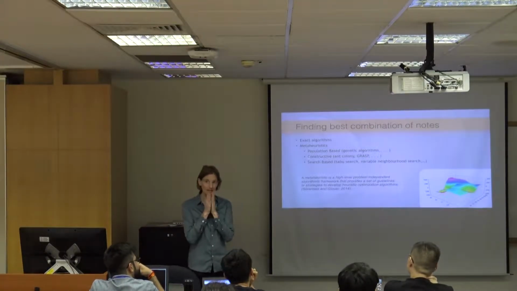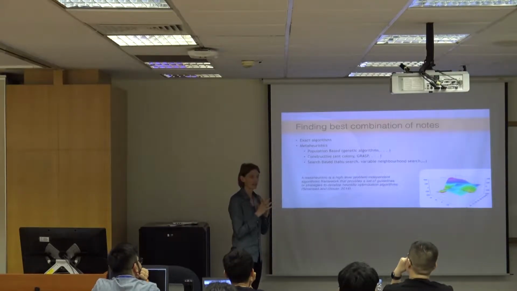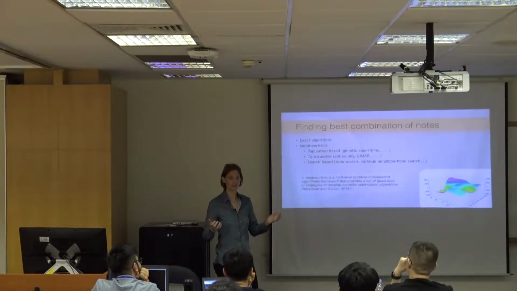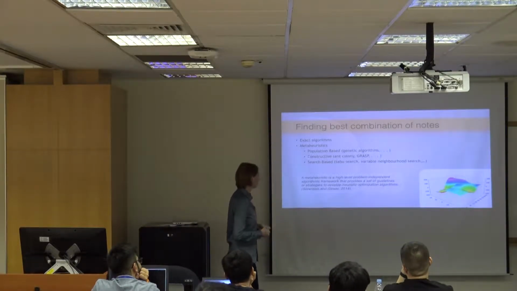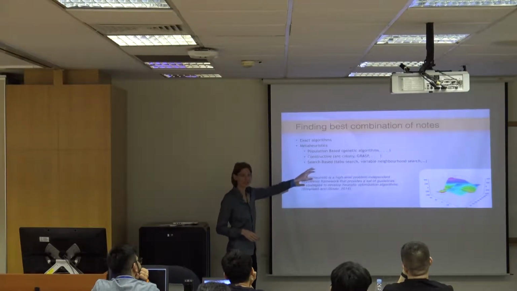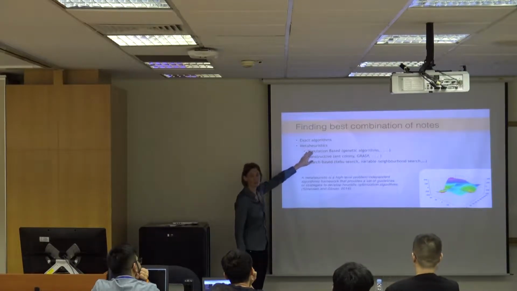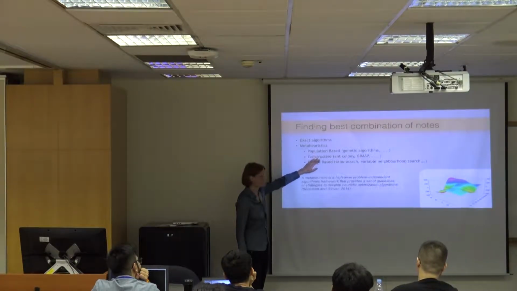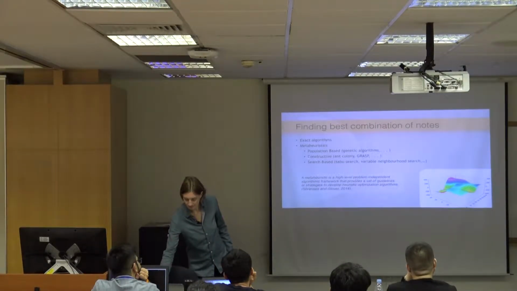And then it's actually pretty simple. I use a meta-heuristic to make sure I find a combination of notes that satisfies all these rules. If you're familiar with meta-heuristics, you might know genetic algorithms. It's not an optimization class, so I won't go into detail. Personally, I used a search-based heuristic, which is variable neighborhood search.